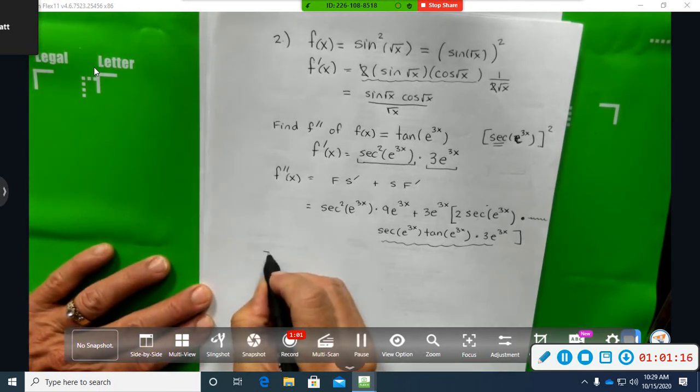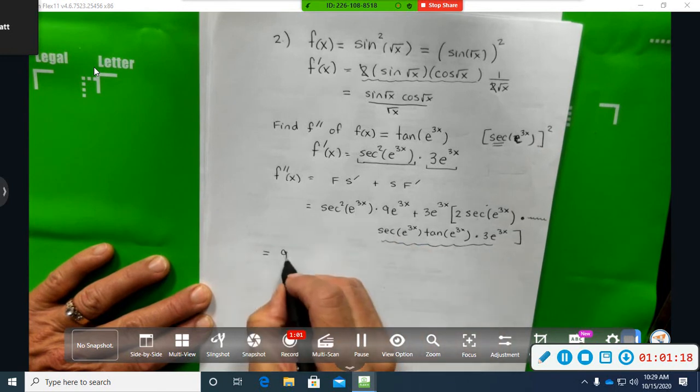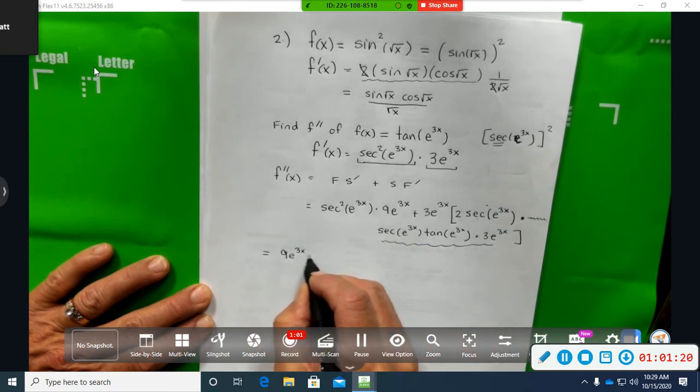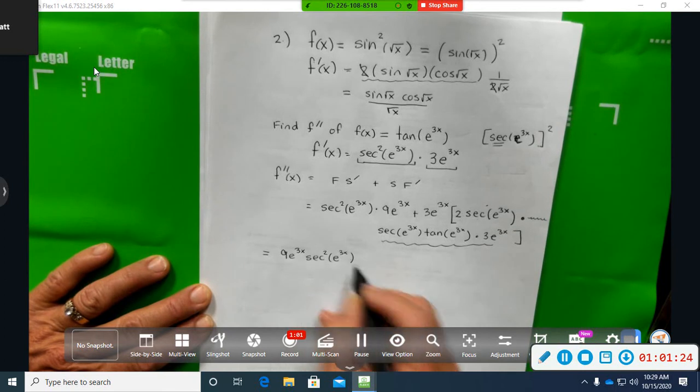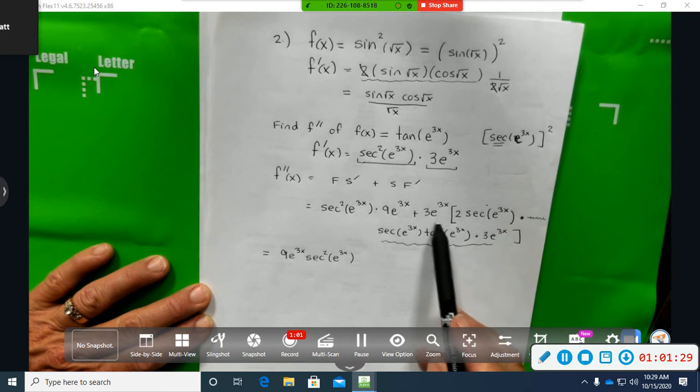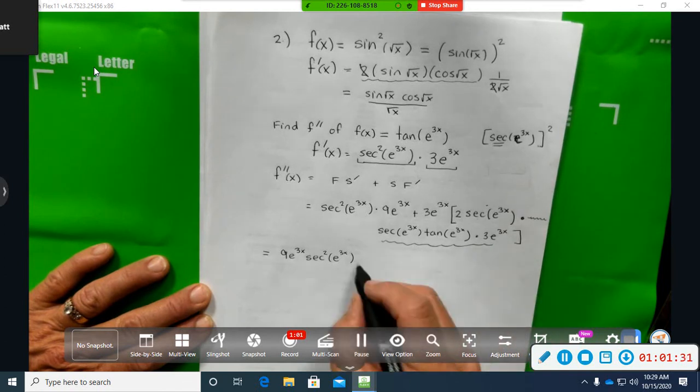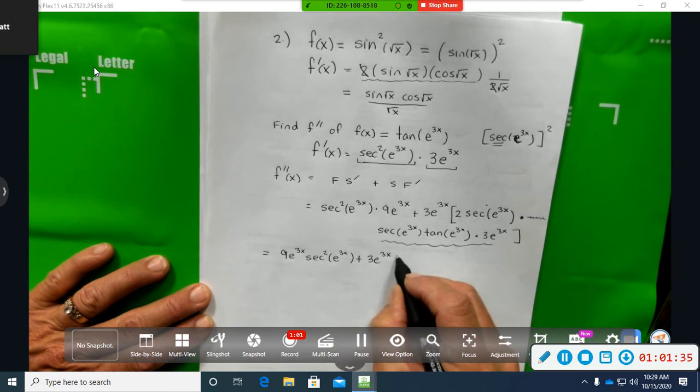All right, so I'm going to put the 9e to the 3x in the front. Secant squared e to the 3x here. Let's see. I'm going to write it the way I see it. 3e to the 3x, 2.